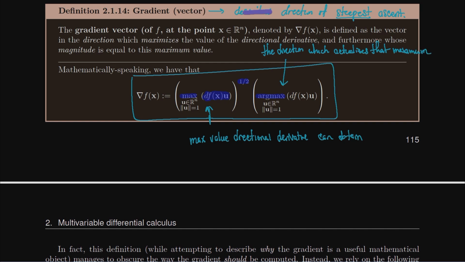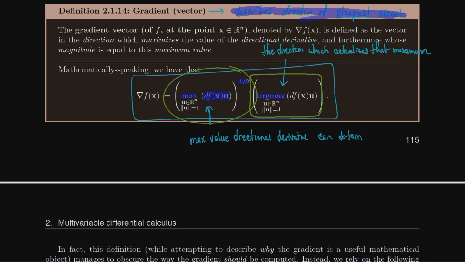Now here I said at the top that the gradient describes the direction of steepest ascent. That's true, and you could arguably just get away with only using this latter term, the argmax of the directional derivative, arg meaning the argument of the maximum of the directional derivative, like the input. It turns out there's natural reasons that we want to multiply by the square root of the maximum value, and we'll see below what that reason is.